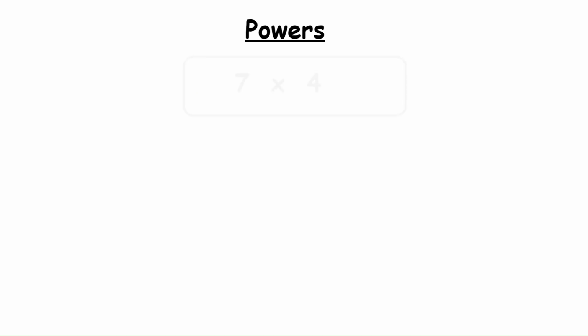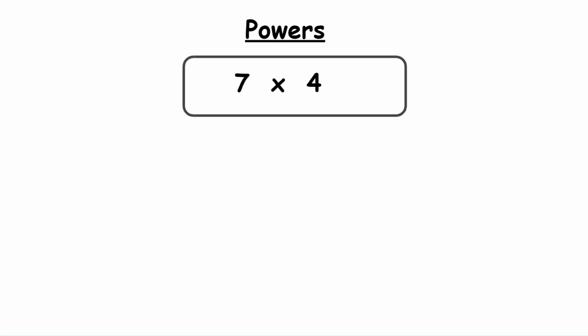So before we get into that, think of a multiplication problem. 7 multiplied by 4. Well, our multiplication symbol is asking us to do something. So what is our operation of multiplication asking us to do? That's right. It's asking us to take the number 7 and to add it 4 times.